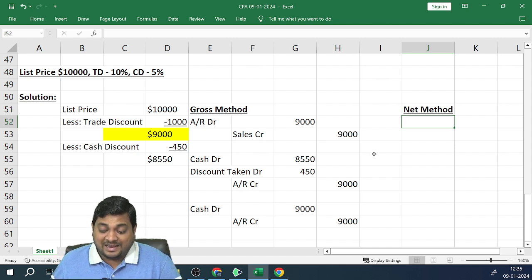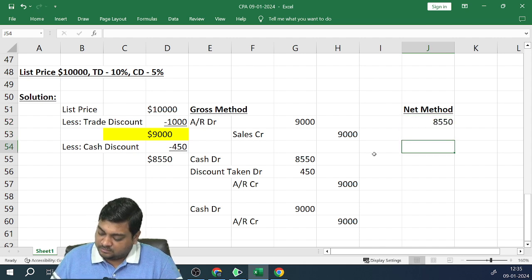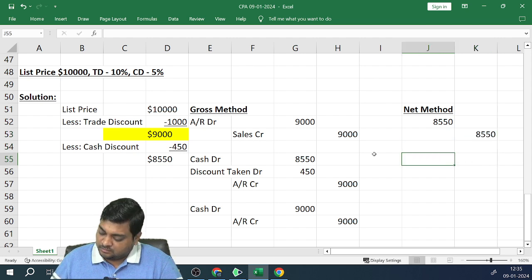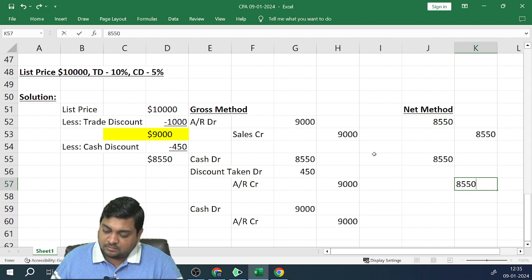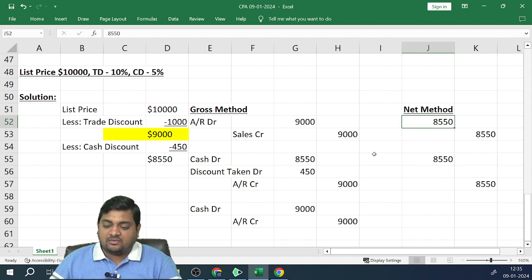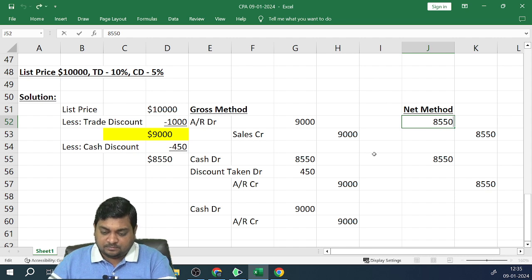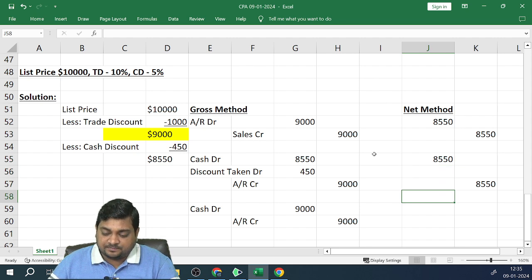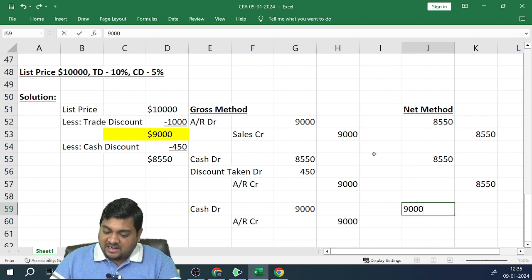Now if I talk about the net method, I am recording it at net of discount. So I will collect net of discount within the discount period. But in this case, I will collect 9,000.